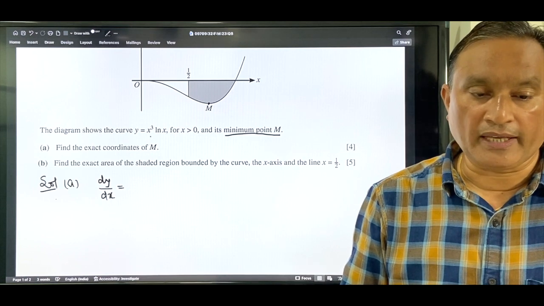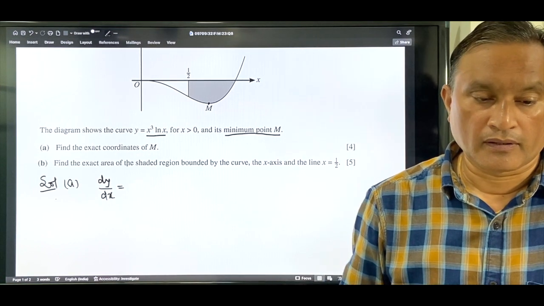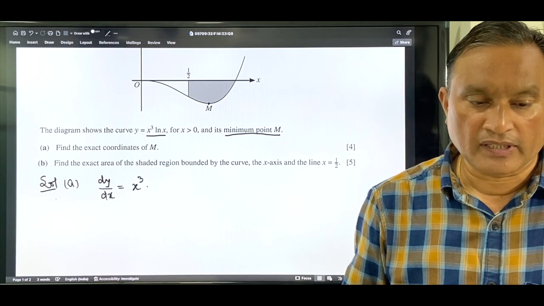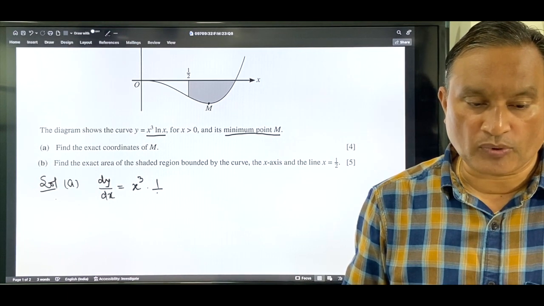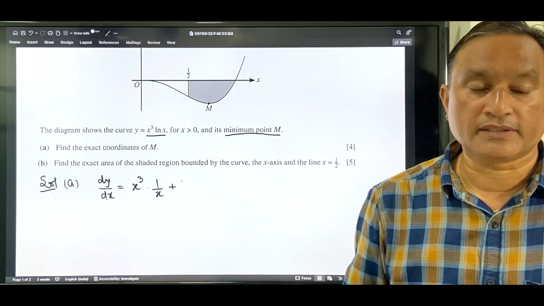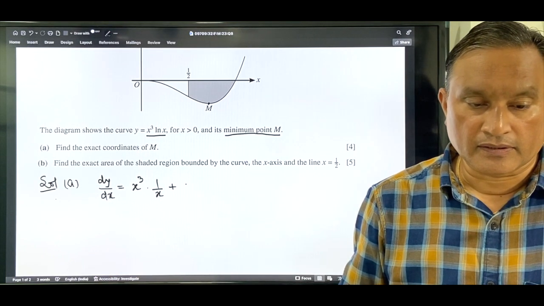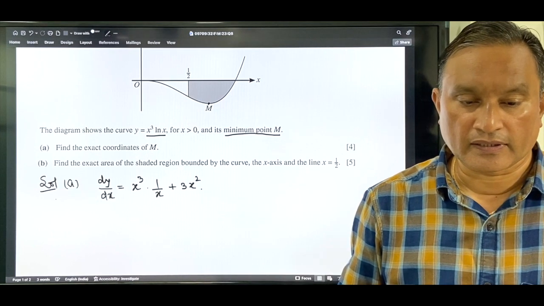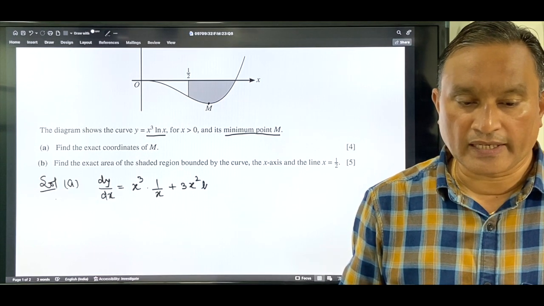So we will apply the product rule here: x cubed into 1/x plus 3x squared into ln x.